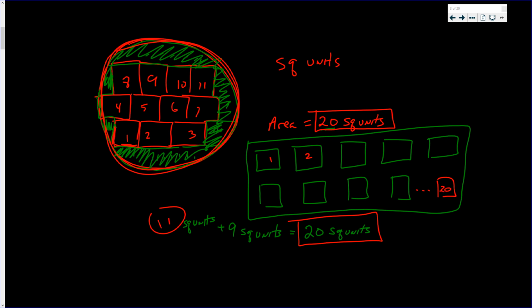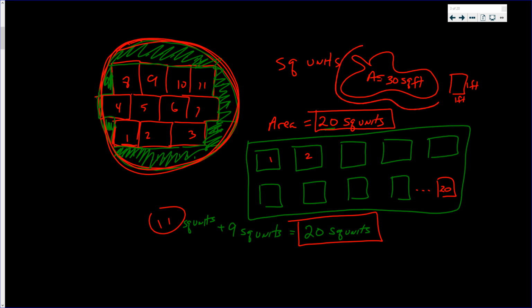So even circles and things, you can talk about the area of a pond. This area is, I don't know, 30 square feet. That means if this is a square foot, 1 foot by 1 foot, you can cut this in a way such that you will get 30 of these. You're going to have to piece things together.